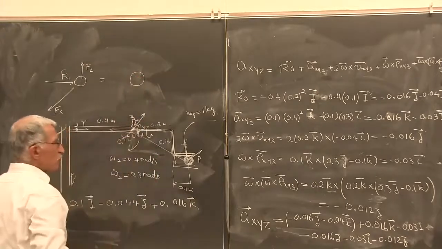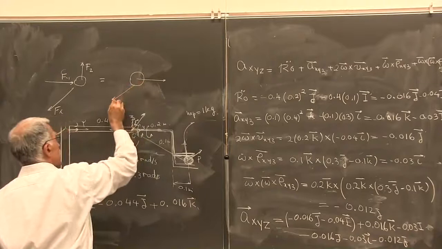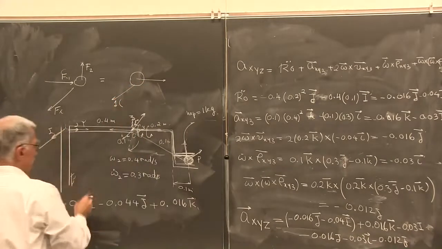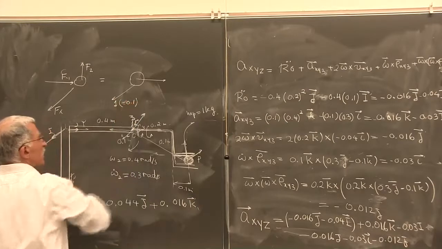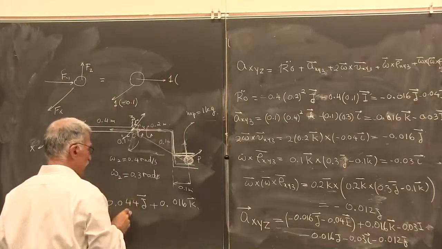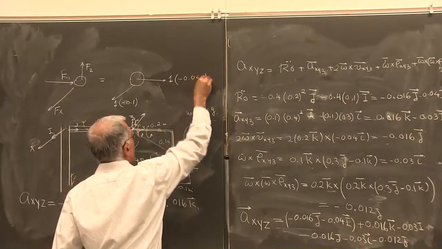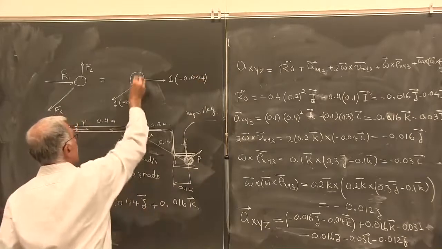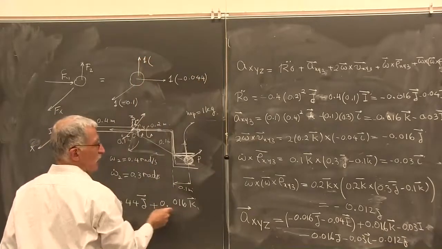To this particle, you do have mass times acceleration in the x direction. Mass is equal to 1 kilogram, and acceleration is 0.1, minus 0.1. Mass is equal to 1 kilogram, acceleration is minus 0.004. One kilogram times 0.016.